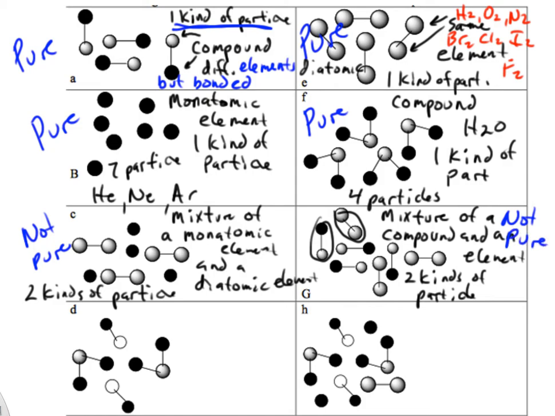Okay, let's do these last two. What we have here is one kind of particle. And here's another kind of particle. So this is a mixture of, this is a compound because they're different, and this is a compound because they're different, so it's a mixture of two compounds.